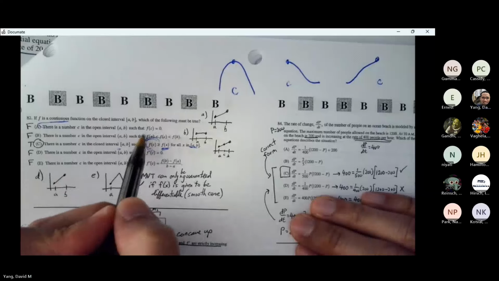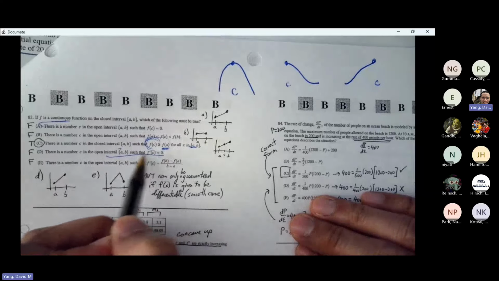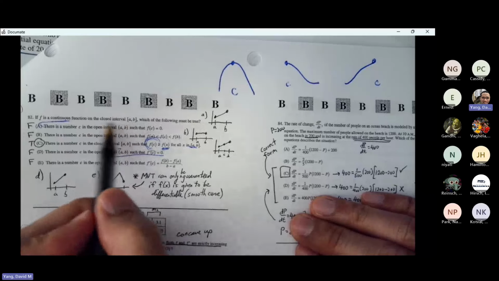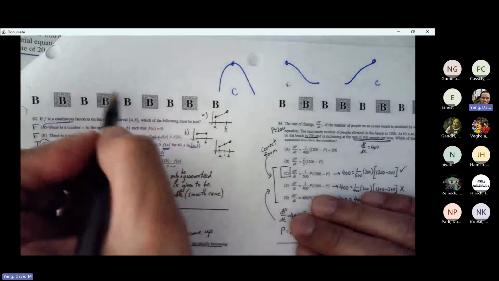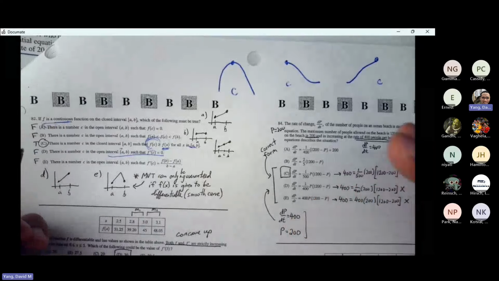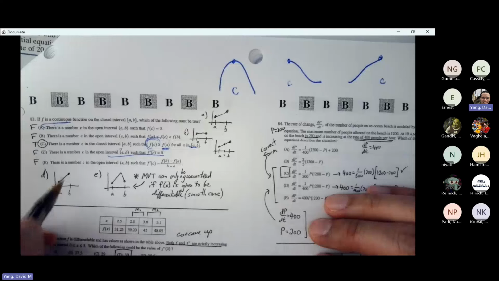Oh wait, this one here. We can't guarantee that there's an f prime of 0 because maybe the graph is continuous, but it may not be differentiable, or it may just be increasing the whole way through.